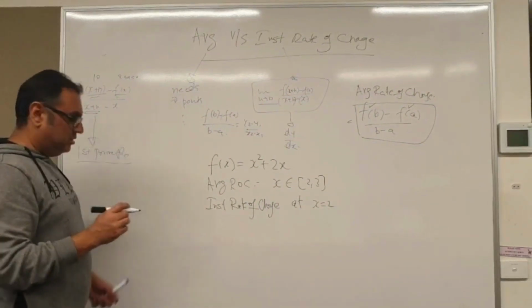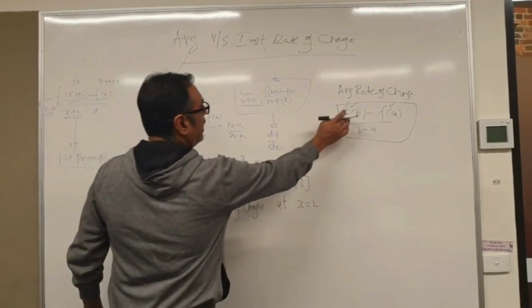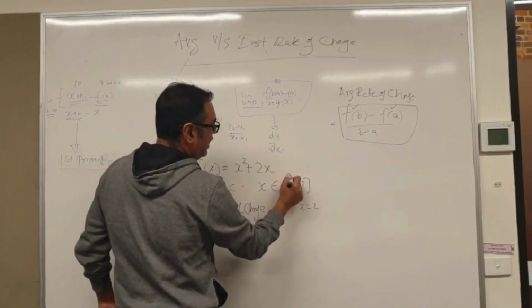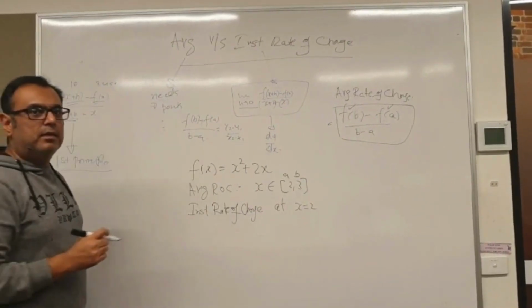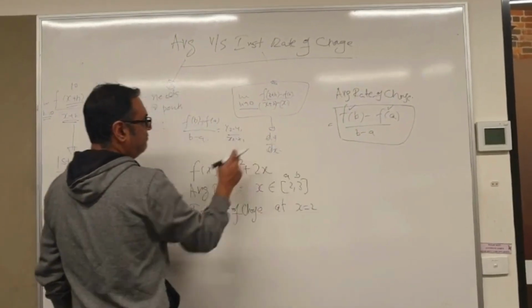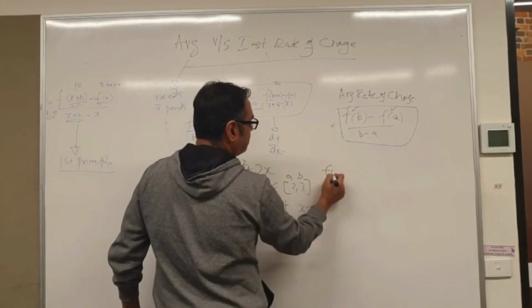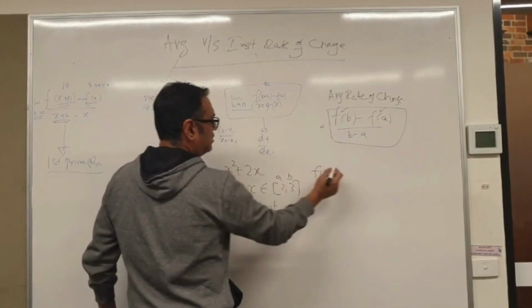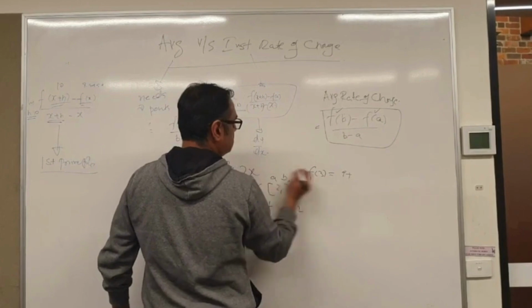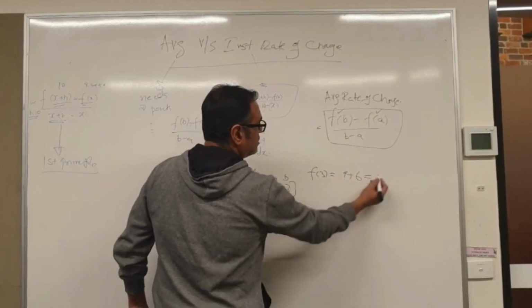Now, average rate of change needs f of b minus f of a, if this is a and this is b. Ryan, did you do f of b first and plug 3 here? So your f of 3 is 3 squared is 9 plus 2 times 3 is 6, which is 15.